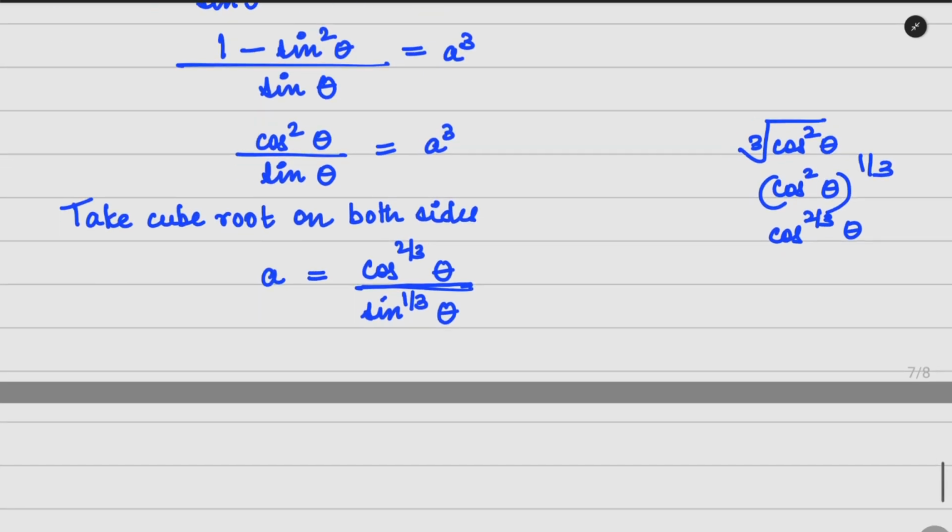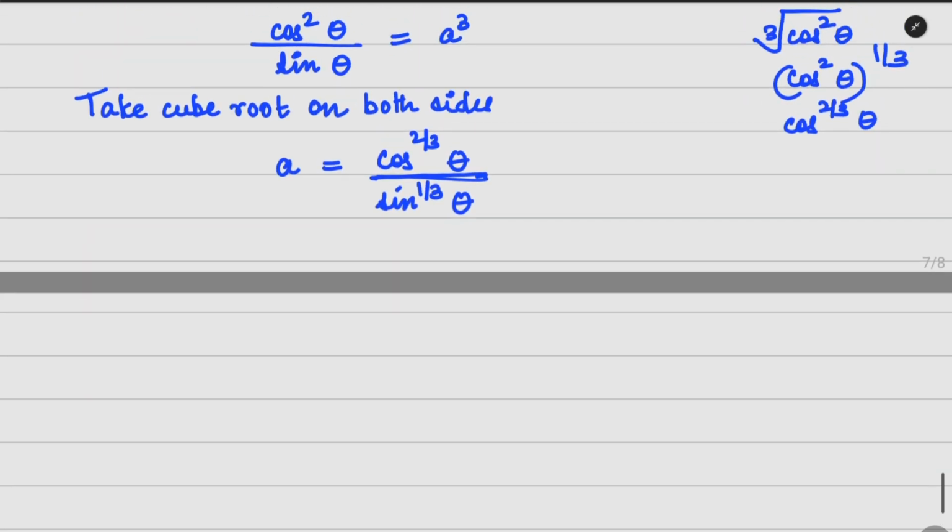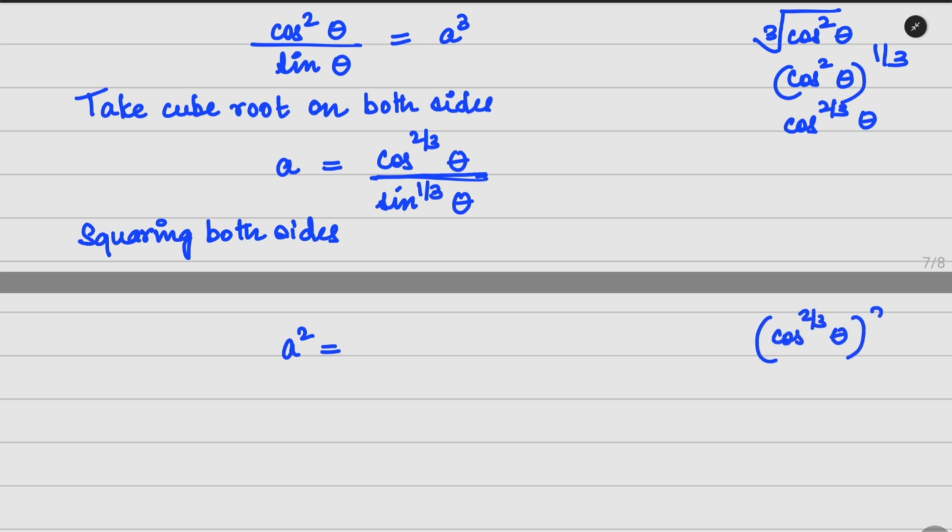Now take square on both the sides, because in our question you need a square. Squaring both sides, what will you get? A square equal to cos 2 by 3 theta the whole square.